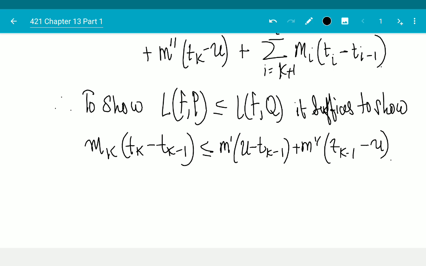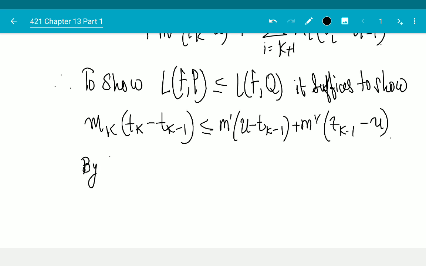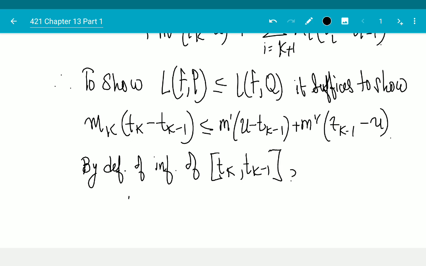Now, what is going to happen is, by definition of infimum, of the interval Tk minus 1 to Tk, Mk is smaller than or equal to M prime and Mk is smaller than or equal to M double prime, right?